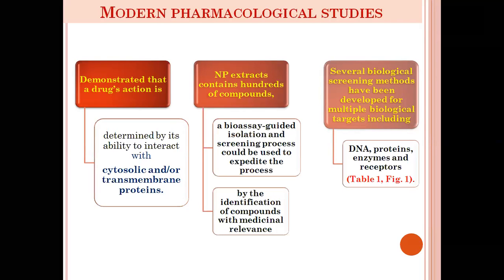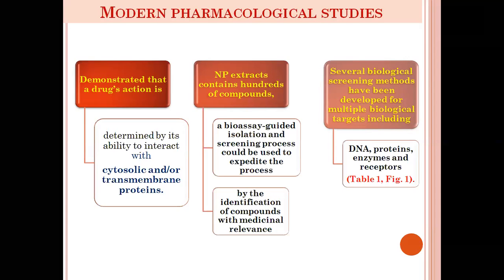Whatever the extract or chemical compound is, they demonstrate it by using a cytosolic or transmembrane protein, or DNA, or enzymes. This is a modern pharmacological approach.